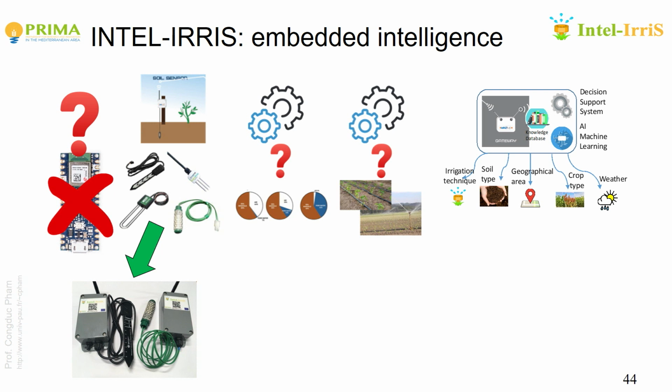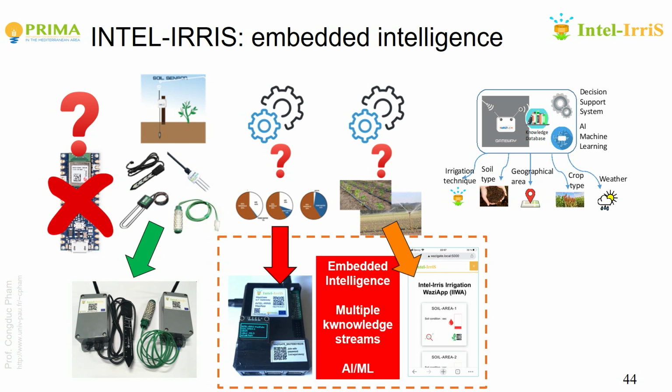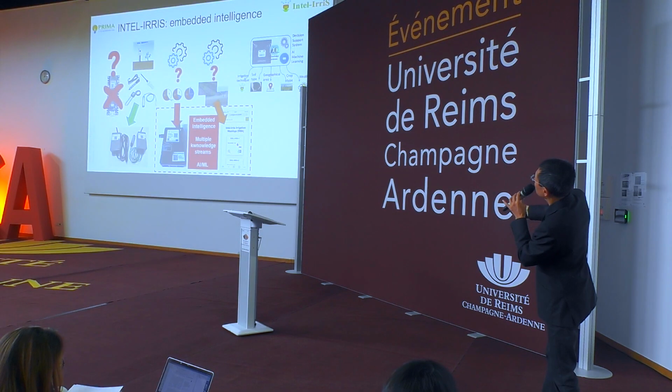So we decided not to have embedded intelligence on the sensor itself, but to embed it into the gateway, where we are going to add multiple knowledge streams with AI machine learning techniques, because we want to take all these parameters, or as many as we can: irrigation techniques, soil type, geographical areas, crop type, and so on.